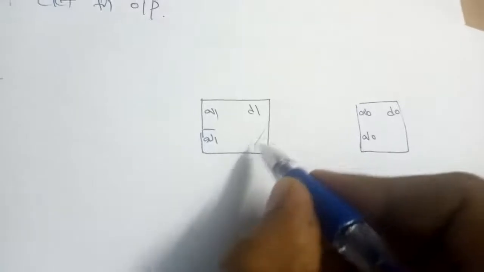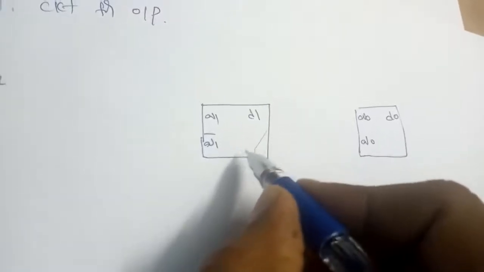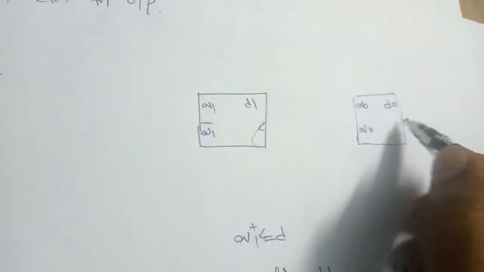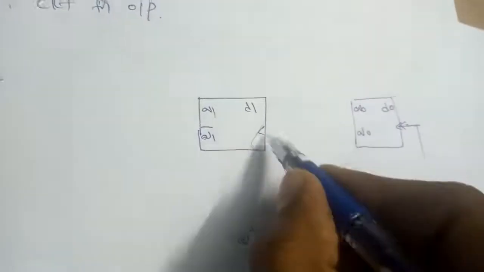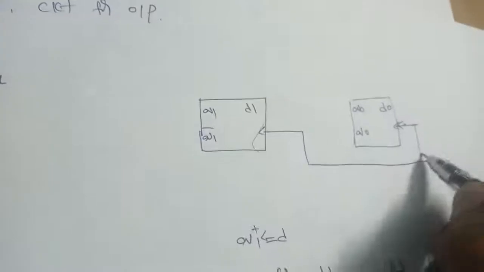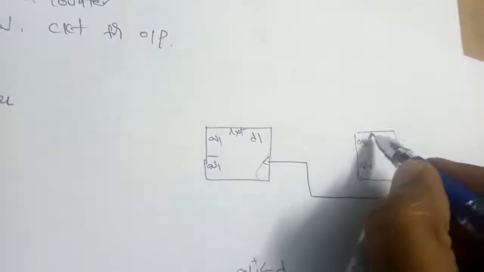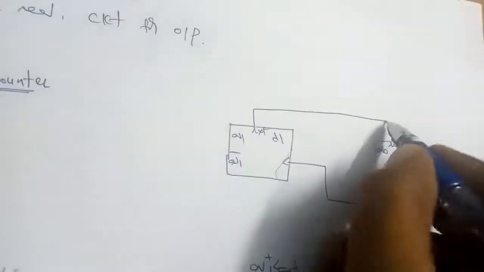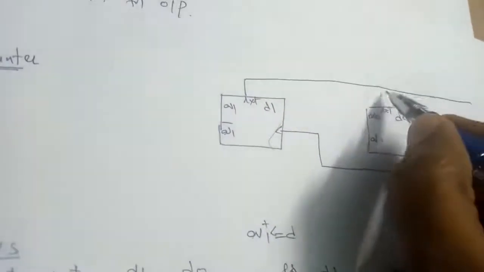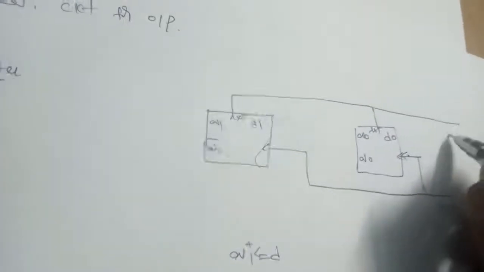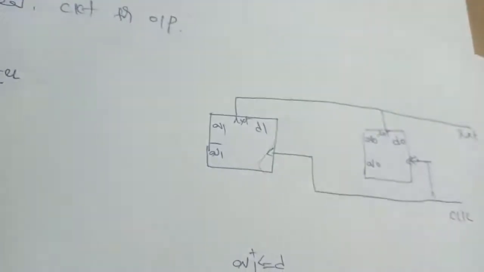Take a clock signal and give the synchronous clock connection to both. Also there is a reset signal here: if reset is equal to 1, the output has to be 00. So take the reset signal.